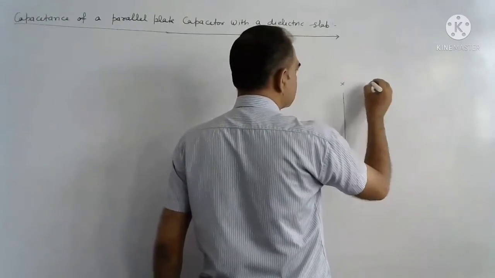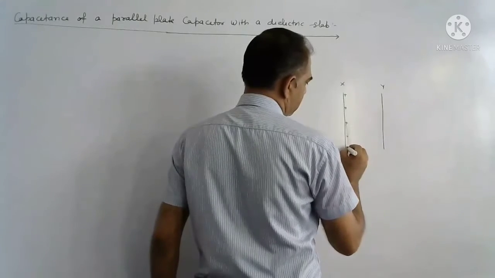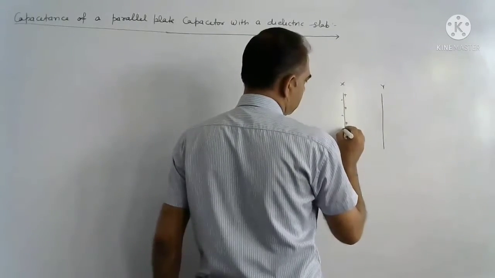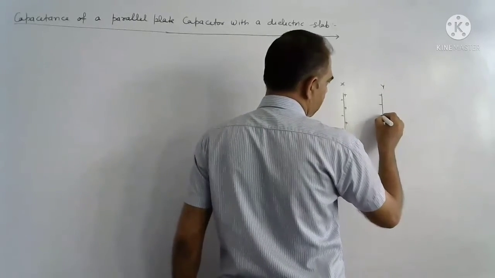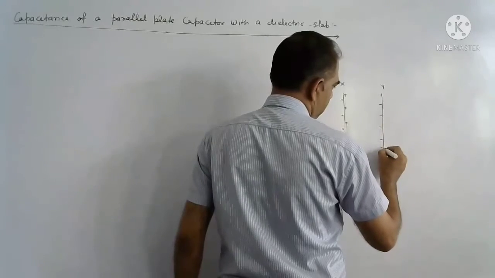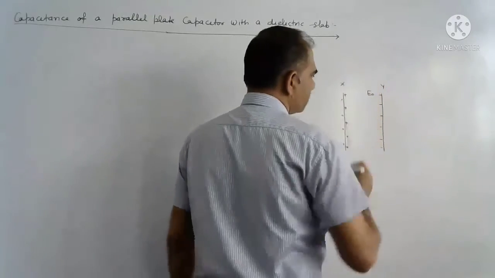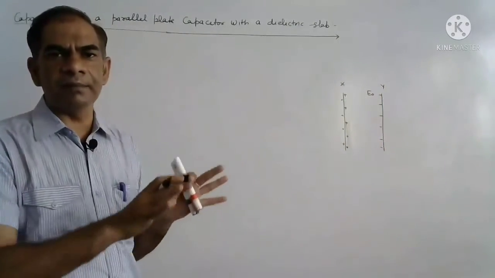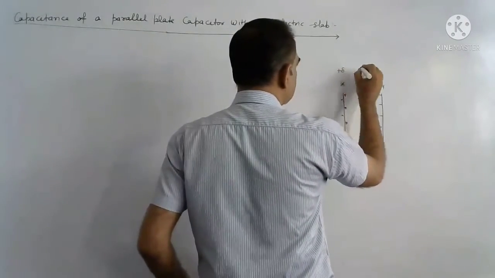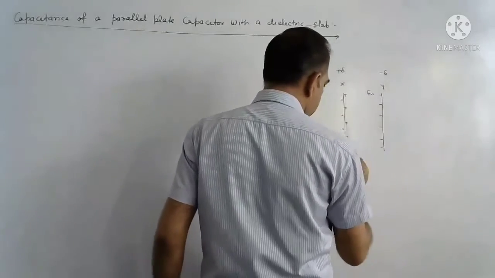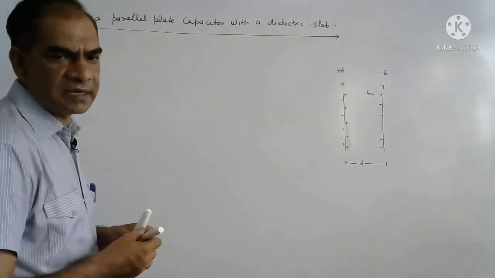This plate is X, this plate is Y. It carries positive charge, and due to this positive charge, negative charge is induced here, and the electric field intensity is E naught. Now, E naught means there is no medium present. This has surface charge density plus sigma, and this has negative sigma, and the separation between them is d, and the area of the plates is the same.